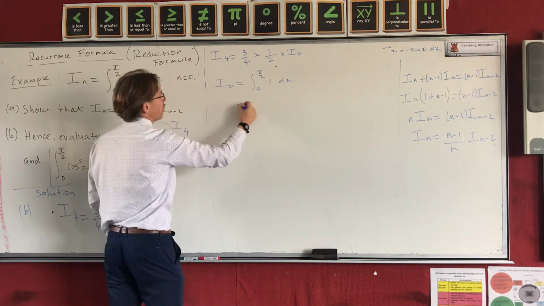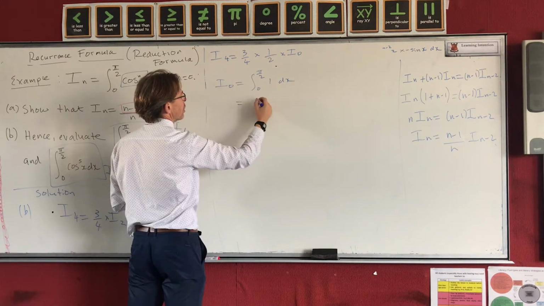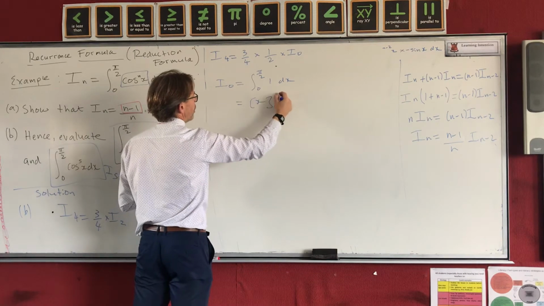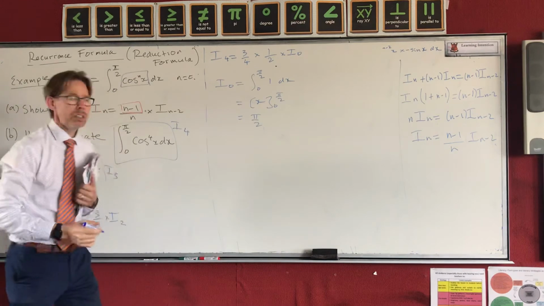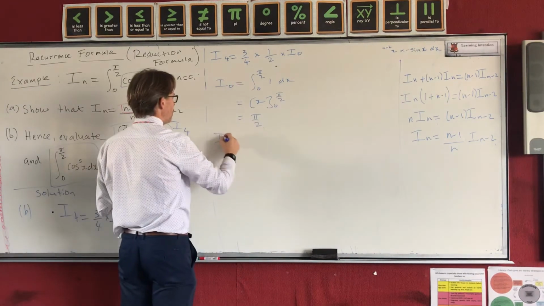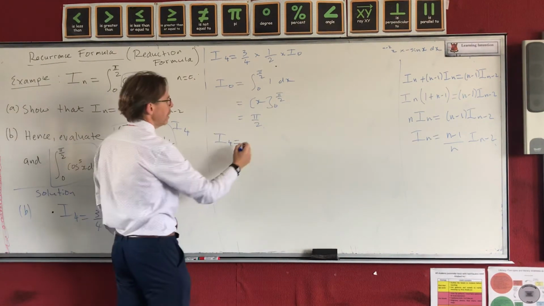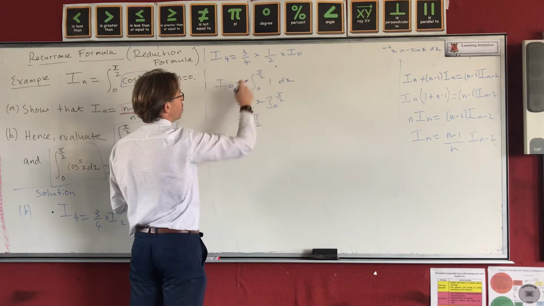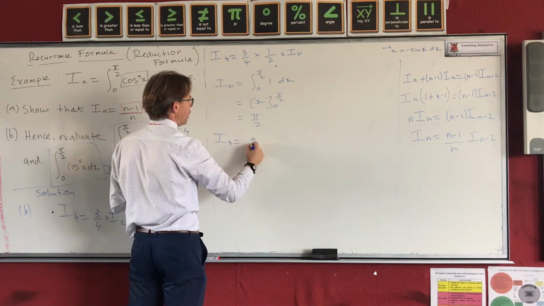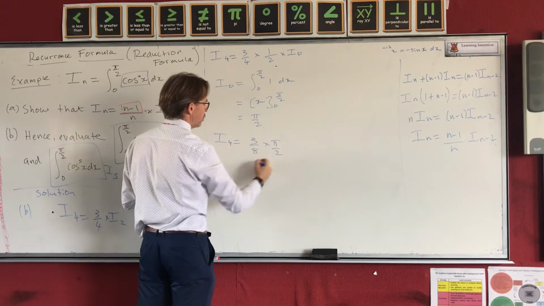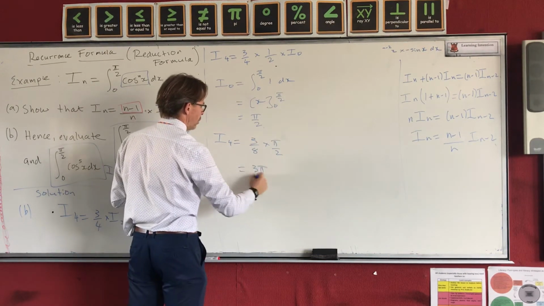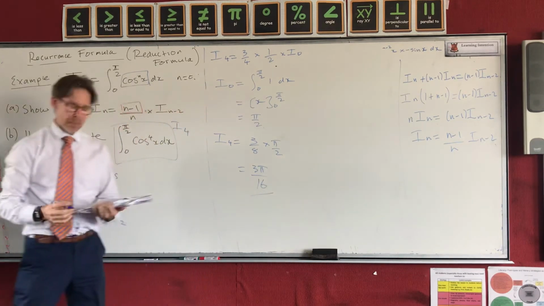So that equals x from 0 to pi on 2, which is just equal to pi on 2. So then I4 will be 3/4 times a half, which gives 3/8, times pi on 2, which is 3 pi on 16.